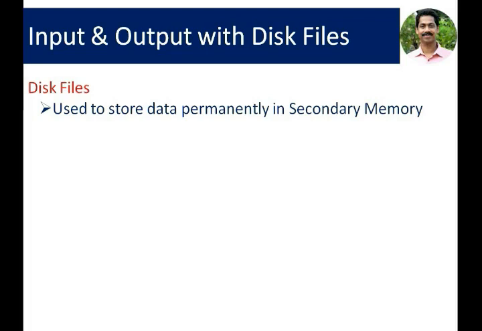A document file created by a word processor, Microsoft Word, is stored in disk using the extension .doc. Similarly, PDF with extension .pdf. Every kind of file is identified by using the extension. The extension is used by the operating system to identify that file. So the data stored in secondary memory is called disk files.